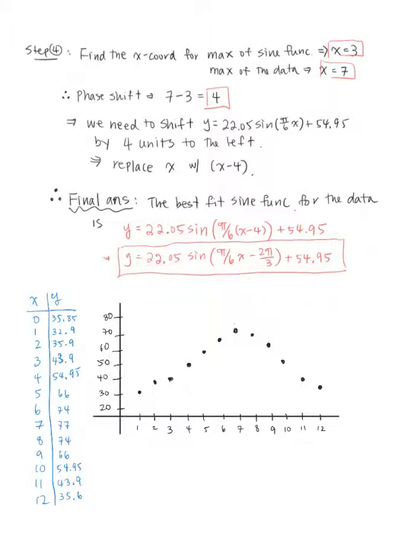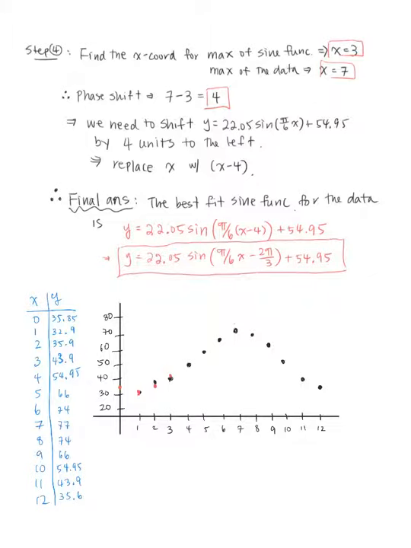Now I have to plot this. 35 something will be right here, and the next one, when x is 1, is 32.9. Then February is 35.9, and 3 is 43.9.